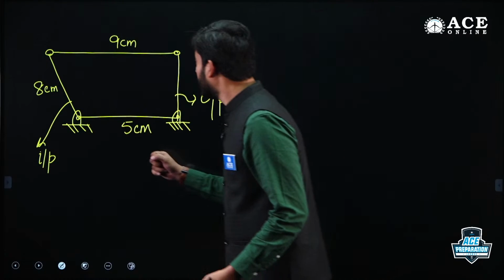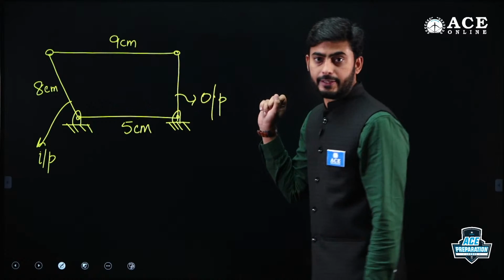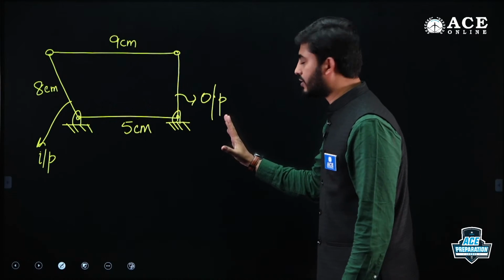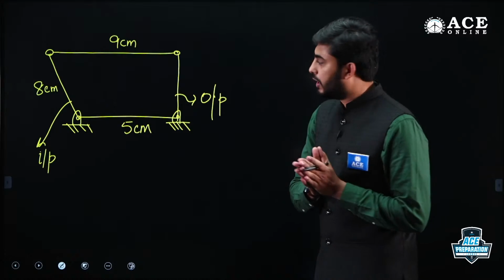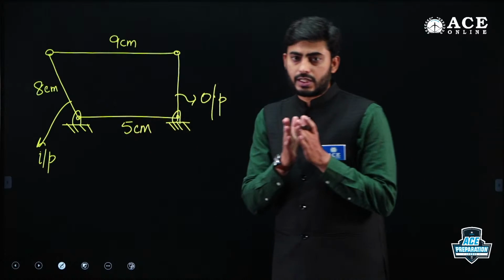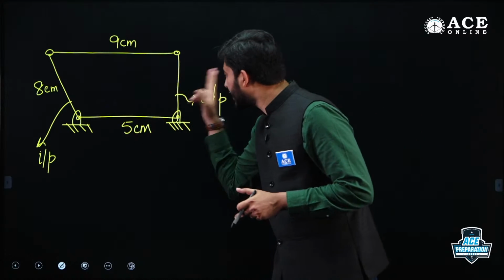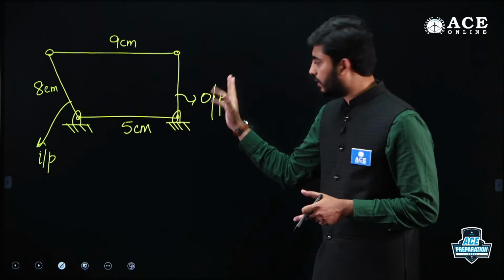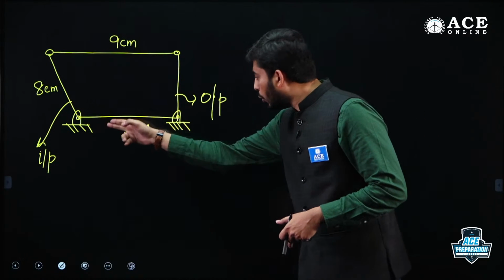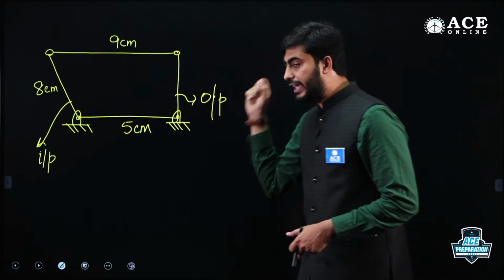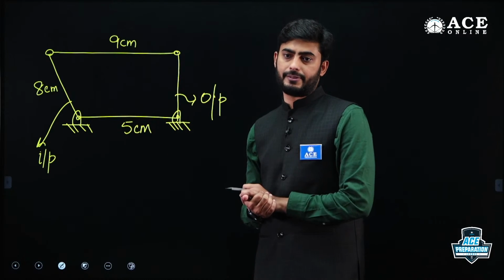Welcome back. So here you are required to determine the extreme positions of the output link. Those extreme positions will be determined by making the output link horizontal or collinear with the fixed link, in the case of a double crank mechanism.